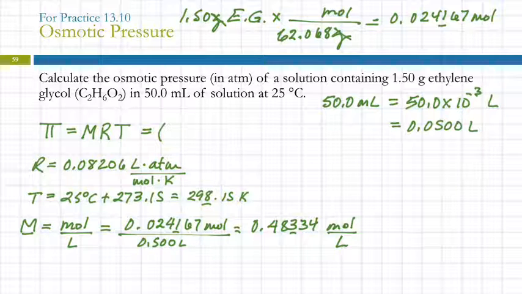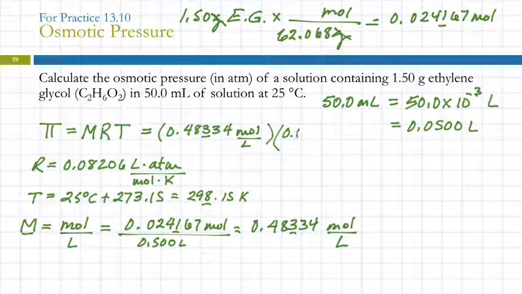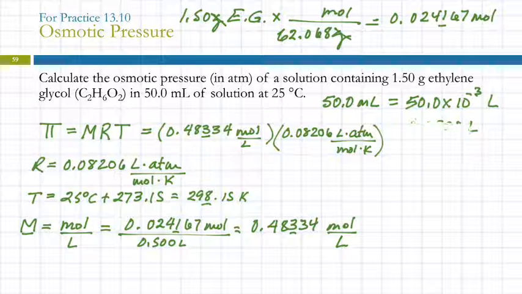So molarity, 0.48334 moles per liter, times the ideal gas constant, 0.08206 liter atmospheres per mole Kelvin, and the temperature, 298.15 Kelvin.